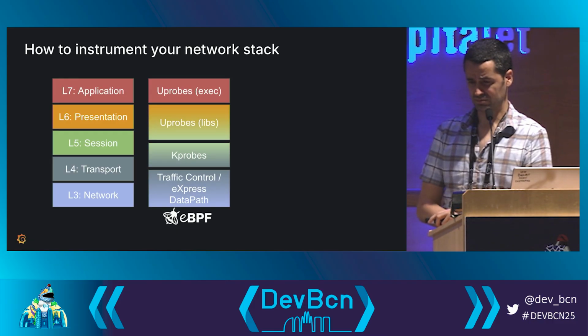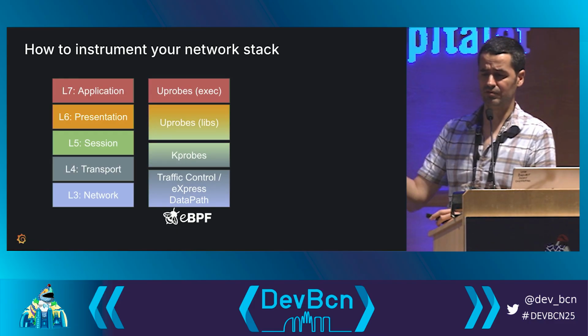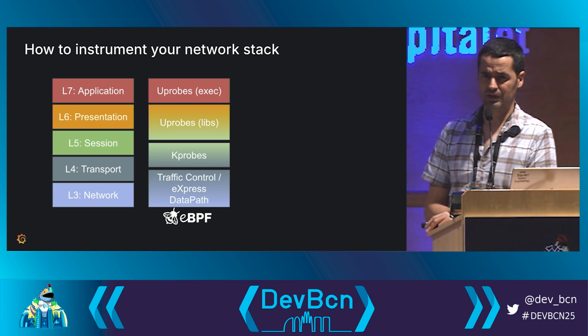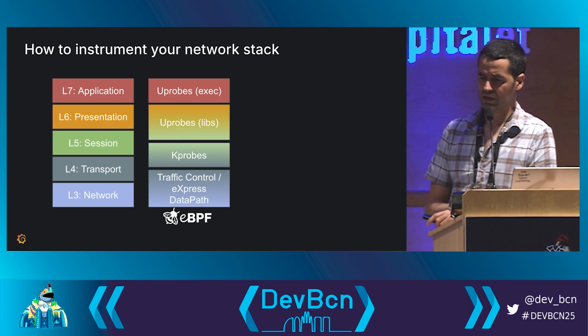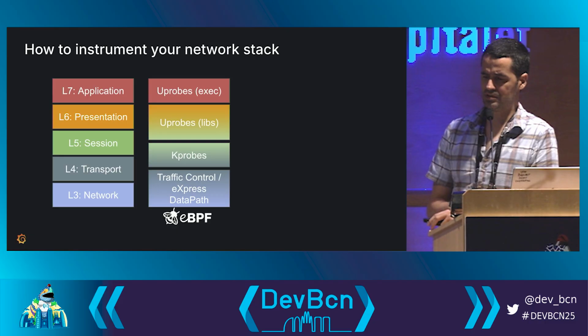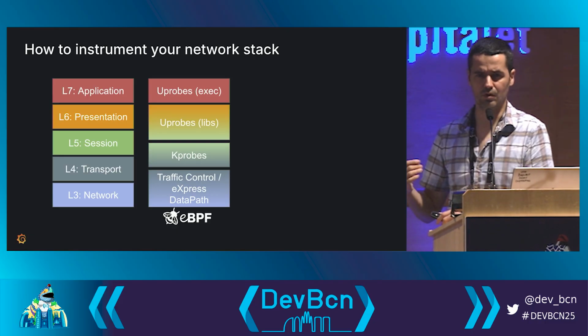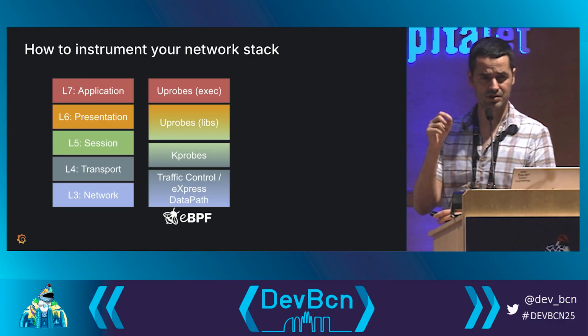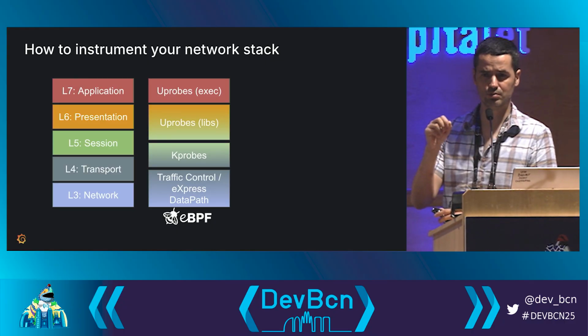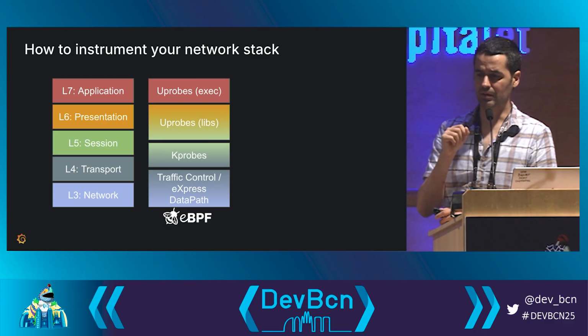At the lower layers of your network stack, I mean IP, TCP, you have BPF programs that can be injected in the traffic control or express data path. This is a Linux component that allows you to listen at the packet level.